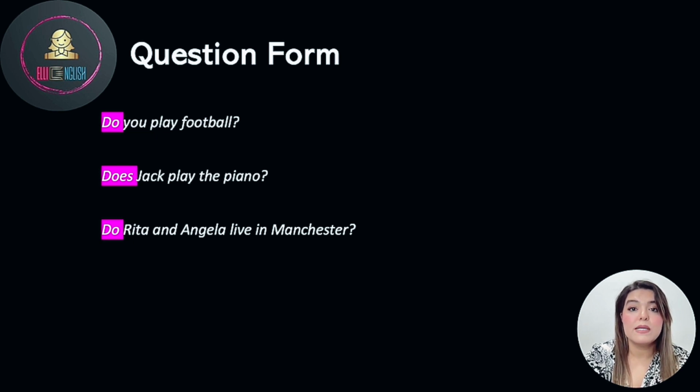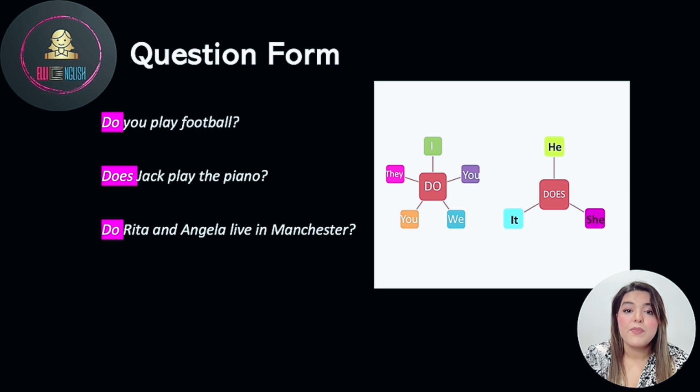It is important to remember that in the question form, because of does, you don't have to add s to your verb for the third person subject. Now look at the photo here. We use do for the pronouns I, you, we, you, and they, and for he, it, and she, we use does.